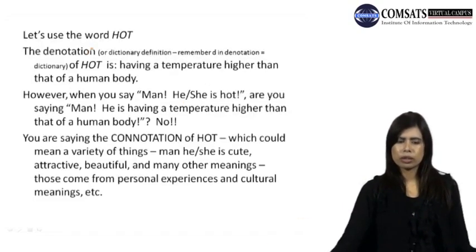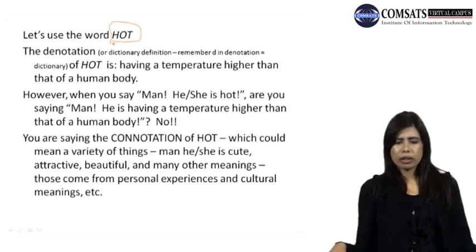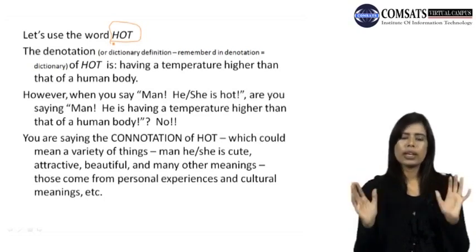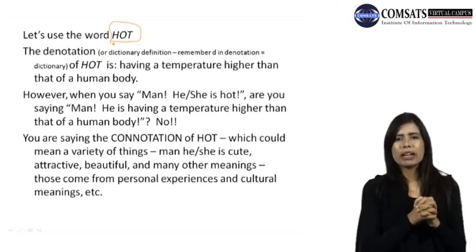Let's use the word hot. The denotation, again I'm telling you, or dictionary definition, of hot is having a temperature higher than that of the human body. So here, my dear students, you can see the meaning of the word hot.